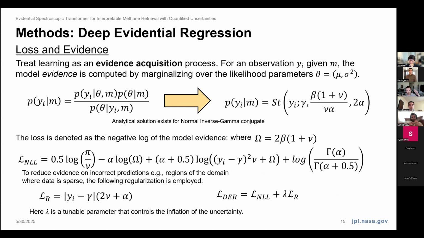If we are in a region of the domain where we're performing poorly, perhaps due to sparsity of data or outliers, we want to penalize that evidence and reduce the evidence over that region of the training domain. Formally, this is defined as the conditional of an observation y sub i given our evidential parameters by marginalizing over the lower order distribution parameters mu and sigma squared.